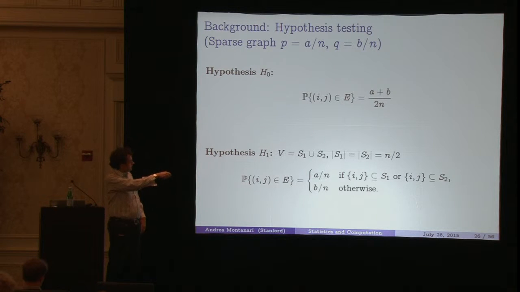And here the edge probability is set in such a way that the total number of edges is essentially the same in the two models, so you cannot do stupid things like just counting the number of edges. So this is my model. This means that I get graphs with bounded average degree. The average degree of this graph is (a plus b) over 2.